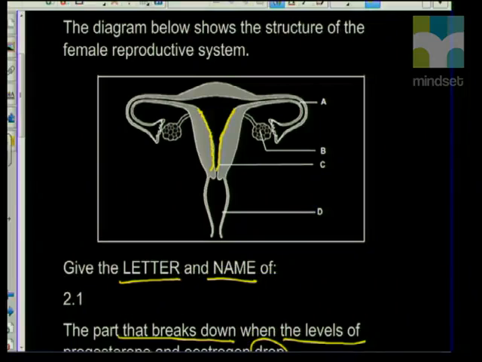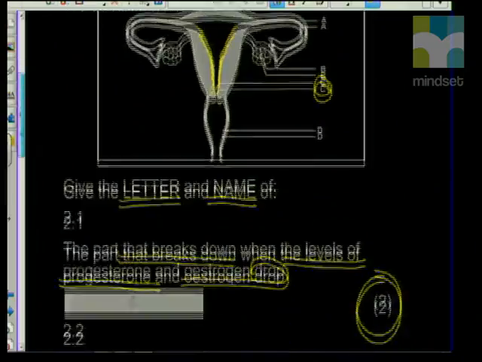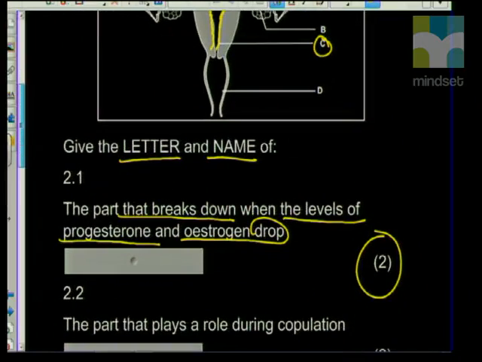Right, so that part, if the egg isn't fertilized, we need to get rid of it. It can't stay there, it's going to die, there's nothing to help it. So what does it do? We flush it out, we break down that yellow barrier, and it comes out, and that's when a woman menstruates. Okay, so if we have a look, it's C, and it's called the endometrium.